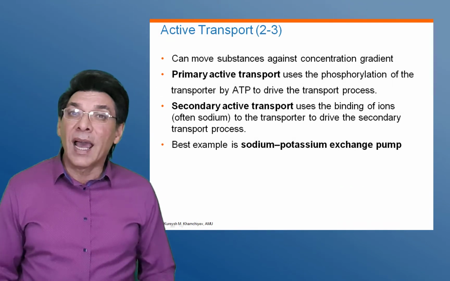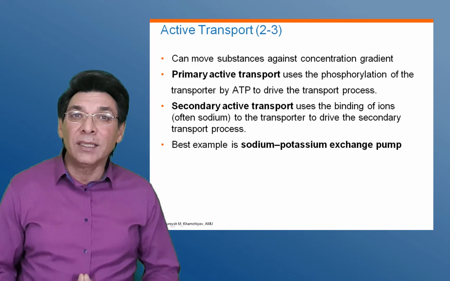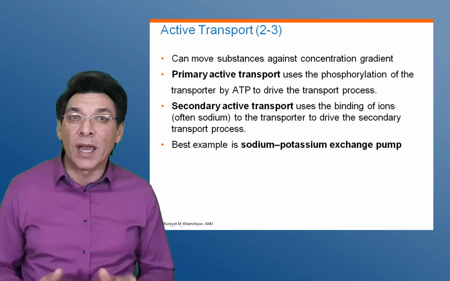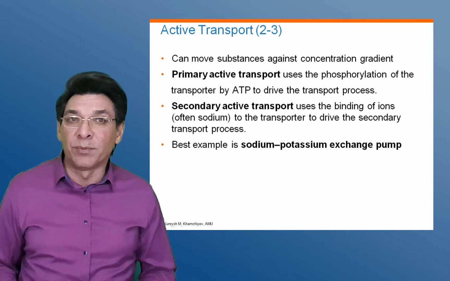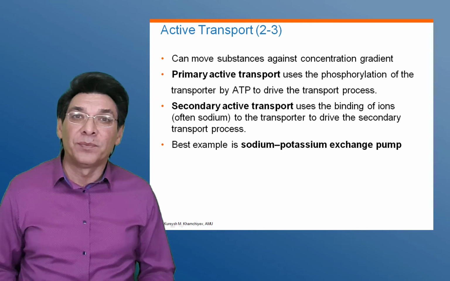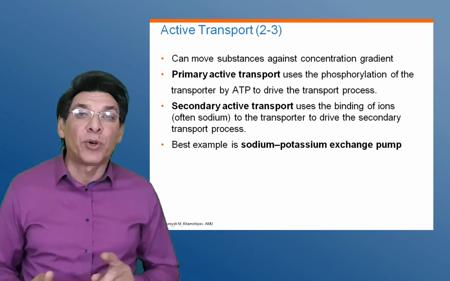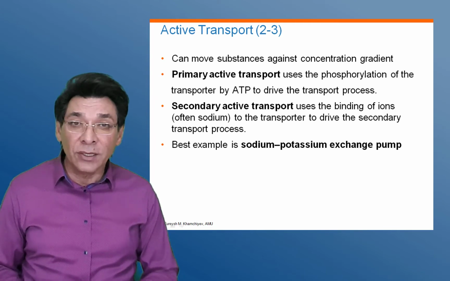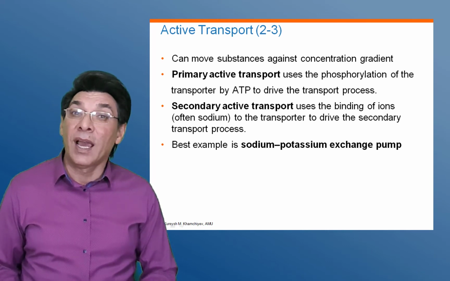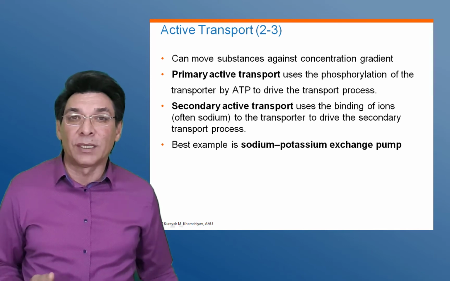The next, active transport. Active transport always requires energy inputs, always requires ATP. There are three types: primary, direct active; secondary, indirect active; and vesicular transport.